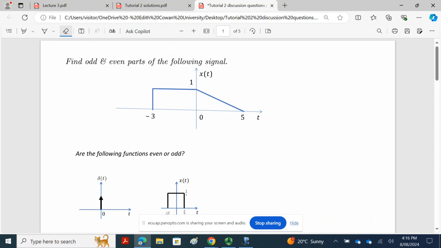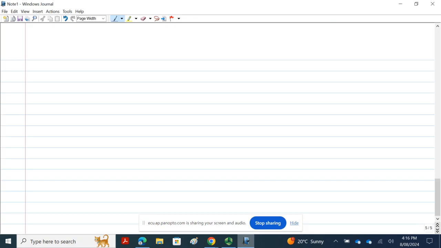Now, what I'll do, I make up a signal. I was looking for a signal to see if we have another sample or example, which we didn't. I'm going to make up a signal. I'm going to ask you to find the odd and even parts. Now, this signal.